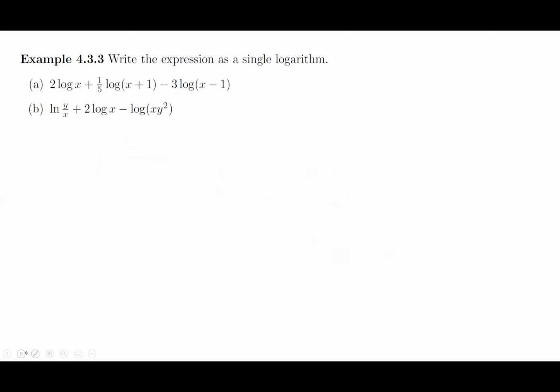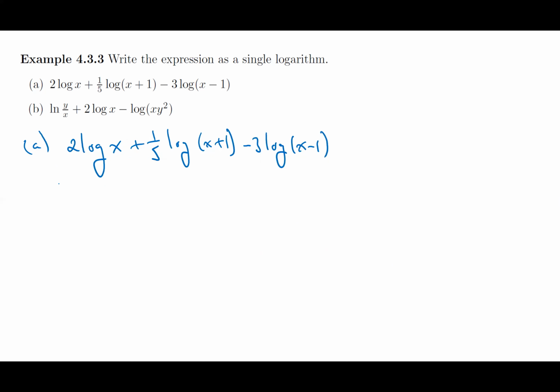Well, if we can expand, we can also condense or write as a single expression. So let's look at this. Our goal here is to write this expression as one single log, which we should expect to be able to do because we have sums and differences of these logs, and they're all the same base, okay? So what I want to do first is bring things in that can come in together.